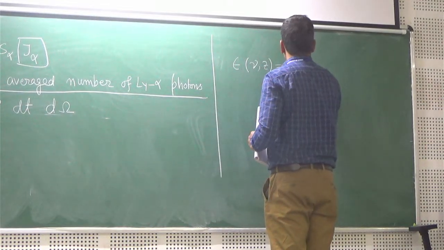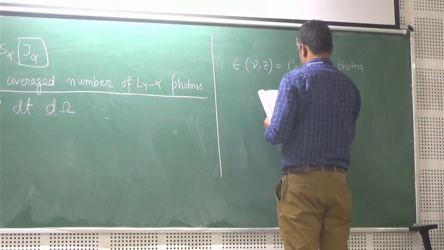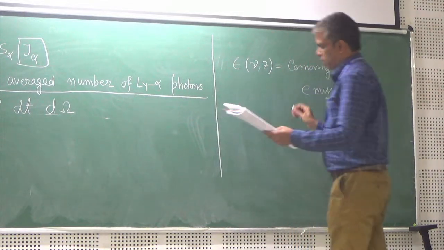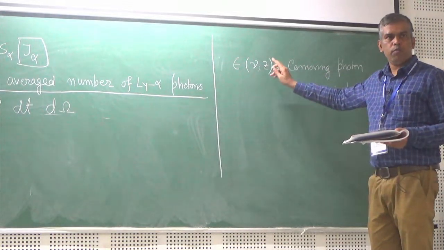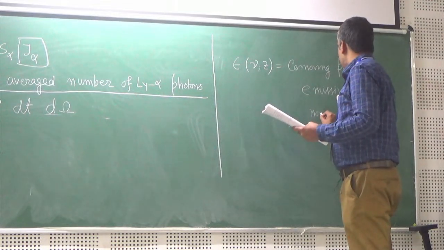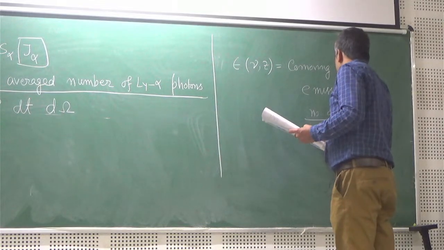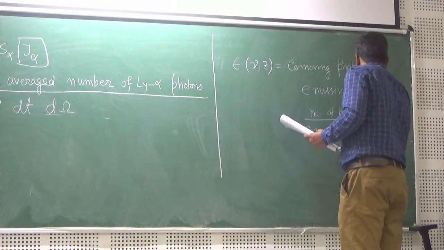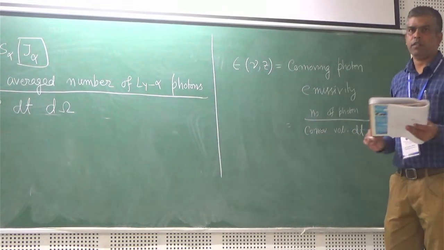This is the number of photons emitted by sources at redshift z per comoving volume, per unit time, per unit frequency, at the rest frame of the atom.